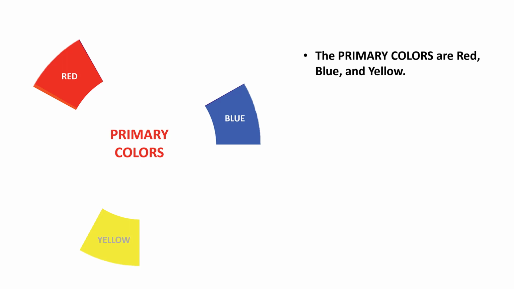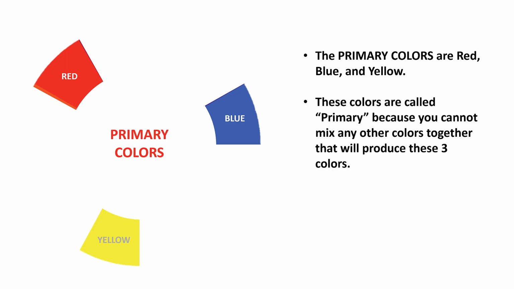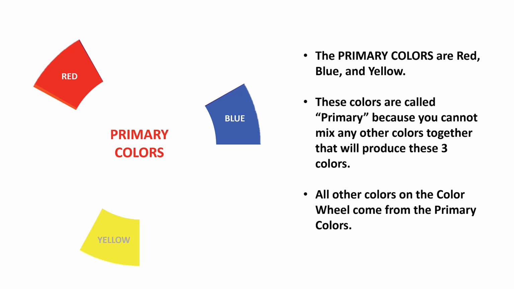The primary colors are red, blue, and yellow, and they're equally spaced around the wheel. These colors are called primary because no other 2 colors mixed together can make them. These are like basic colors that everything else comes from. So I put down here that all other colors on the color wheel come from these primary colors.